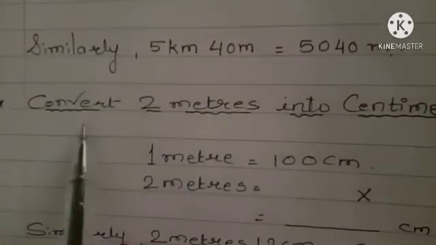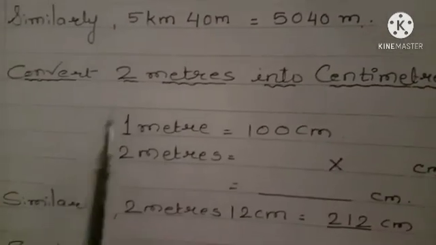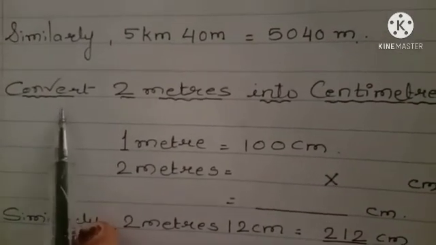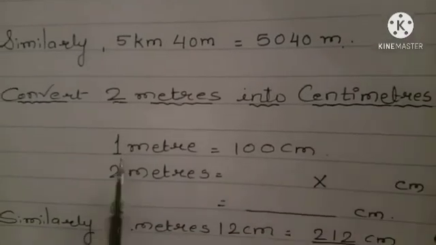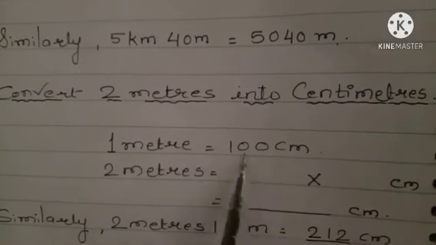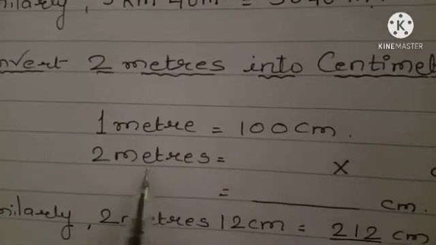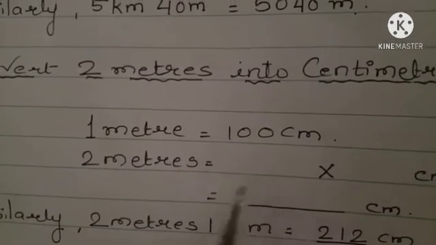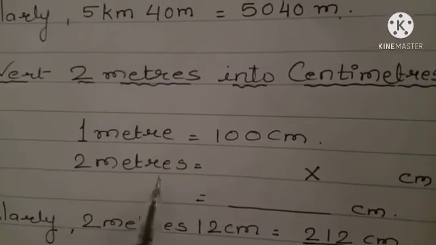Next we have to convert meters into centimeters. So here is a question, convert 2 meters into centimeters. So students, you know that 1 meter is equal to 100 centimeter. If we have to change these meters into centimeters, we have to multiply this meters by 100 centimeter.